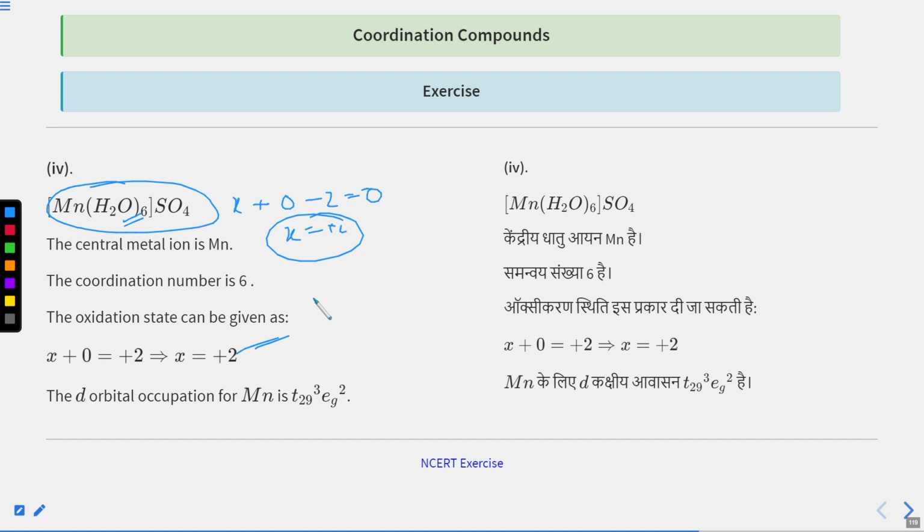Manganese having 7 electrons, 7 minus 2, 5. So T2g and Eg. T2g, since it is octahedral, 3 will be down, 2 will be up: 1, 2, 3, 4, 5. No pairing, okay? So this is T2g3 and Eg2. Clear?